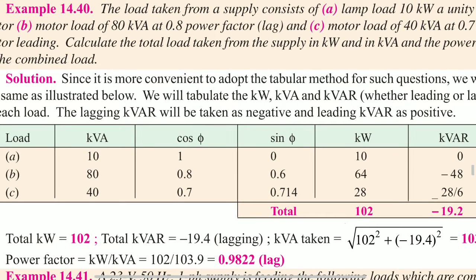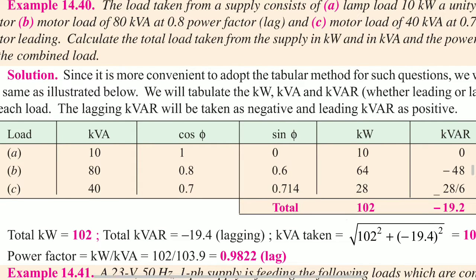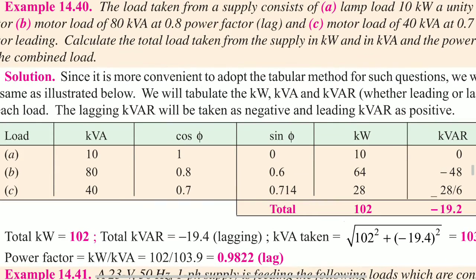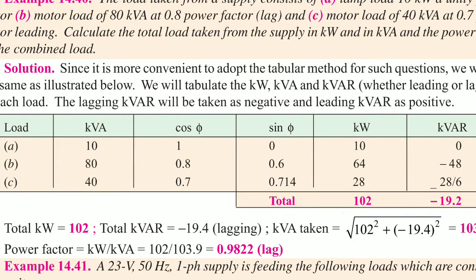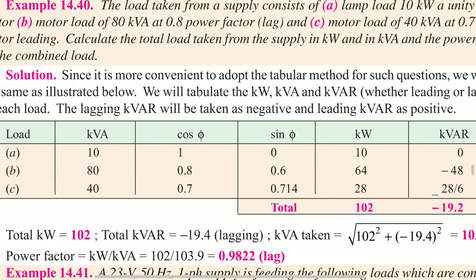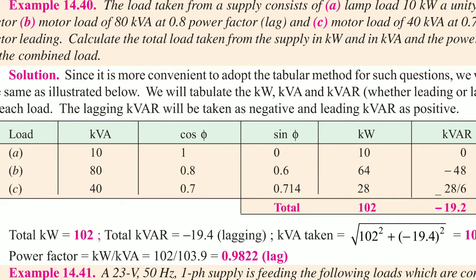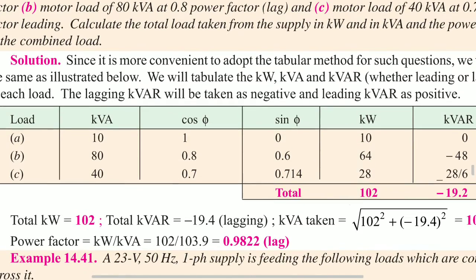And how much kVAR? kVAR is equal to VI sin phi. VI is 80 kVA and sin phi is 0.6, so 80 into 0.6 equals 48. This is the lagging load, so that is minus 48 here.